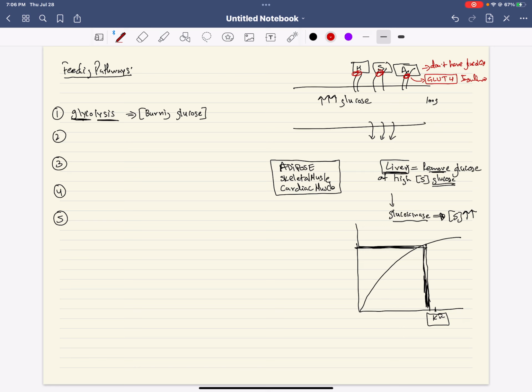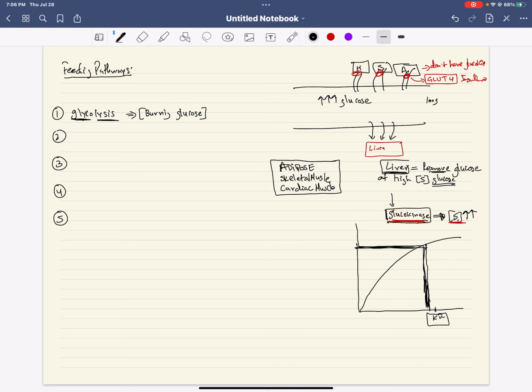The liver doesn't need GLUT4 transporters, but it has an enzyme that is going to trap all this glucose into the hepatocytes by glucokinase, which only works at high concentration. That's how our body works. This enzyme only works at high concentration.